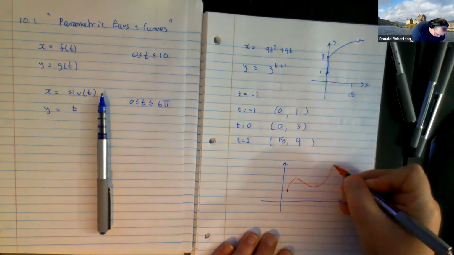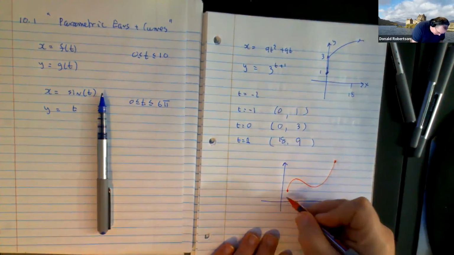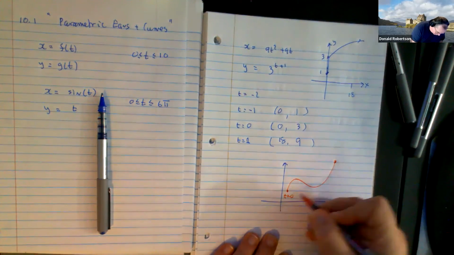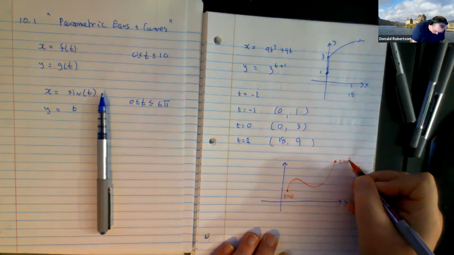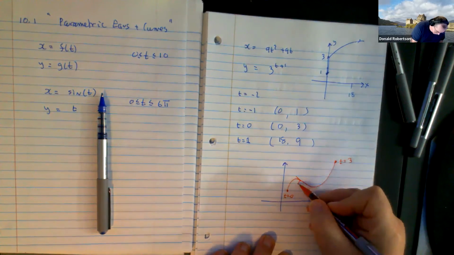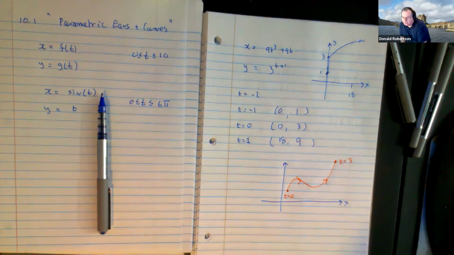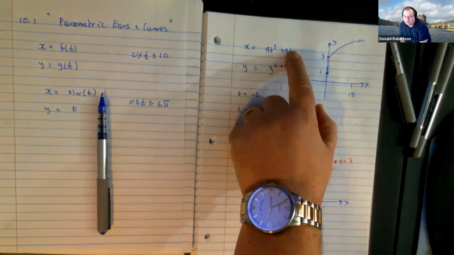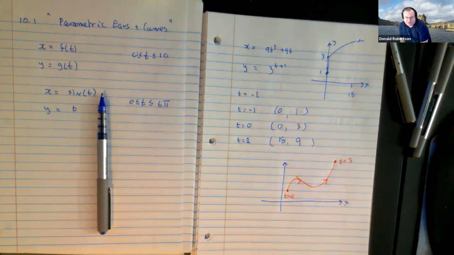If you imagine that's my parametric curve, and this is the point you got when t is 0, and let's say that's the point you got when t is 3, a parametric curve has a direction. You travel from 0 to 3. The fact that they use this dummy variable, t, isn't a coincidence.